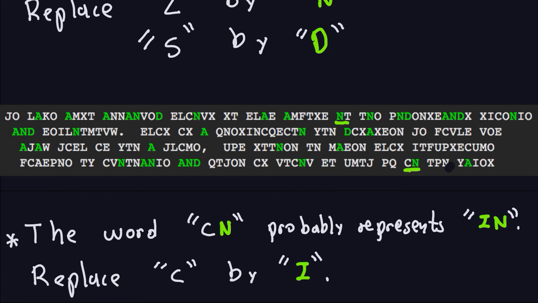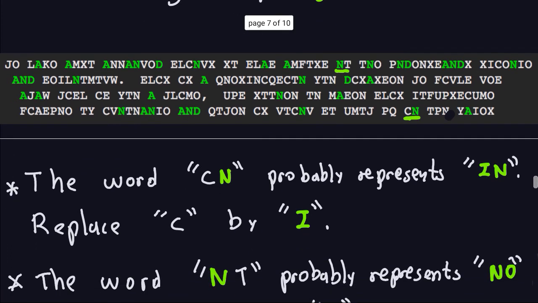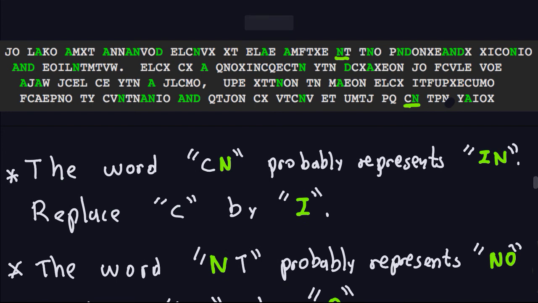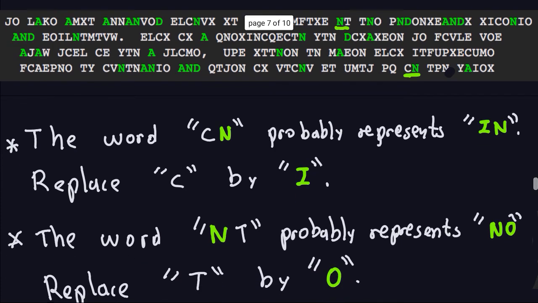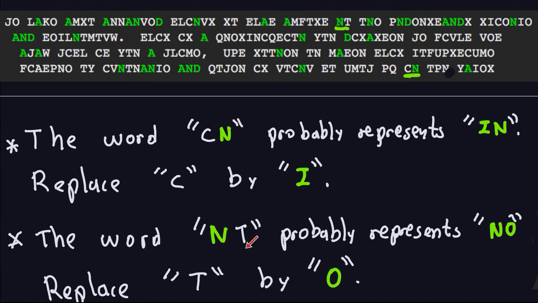So let's do that. And another word that you see here is a two-letter word that starts with N and ends with T. If you go back again to the list of two-letter words that start with N, no is going to be one of the most common. So what does that mean? It means that the letter T from the ciphertext will correspond to the letter O in the plain text.